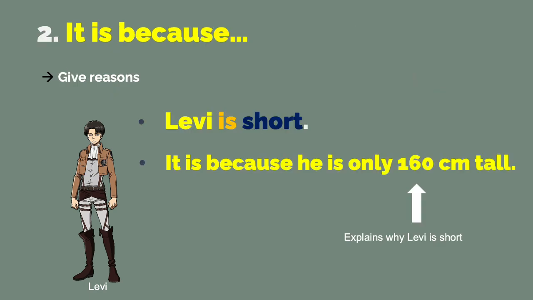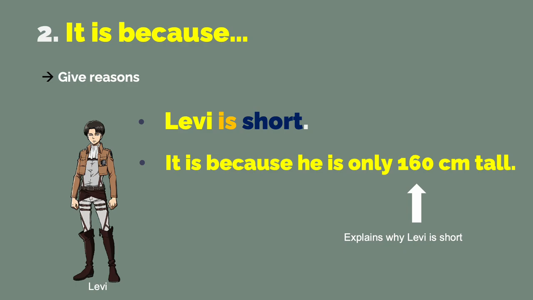After using the sentence pattern subject plus verb plus adjective to describe Levi's appearance, we can also make use of the other sentence pattern it is because to give reasons and add more details. Just now, we have used the adjective short to describe his height, isn't it?